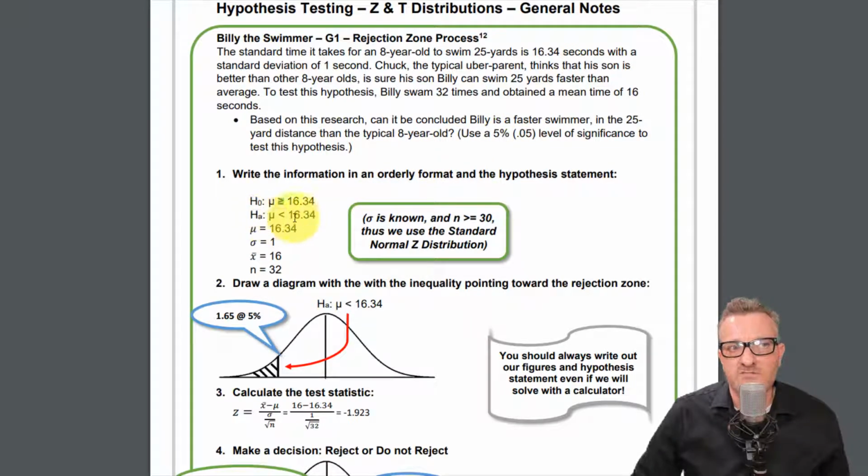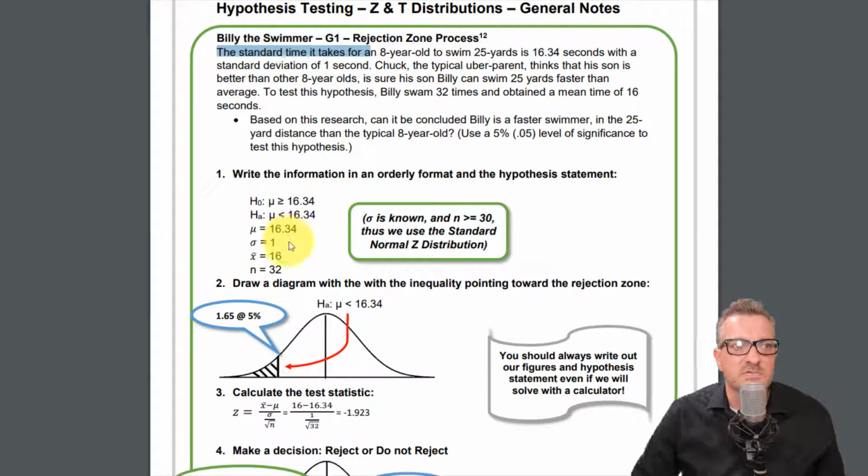So the alternative hypothesis, the HA, is mu less than 16.34. Standard deviation is 1 second, and that is the population standard deviation because the 1 second standard deviation is with population data, because it says the standard time.